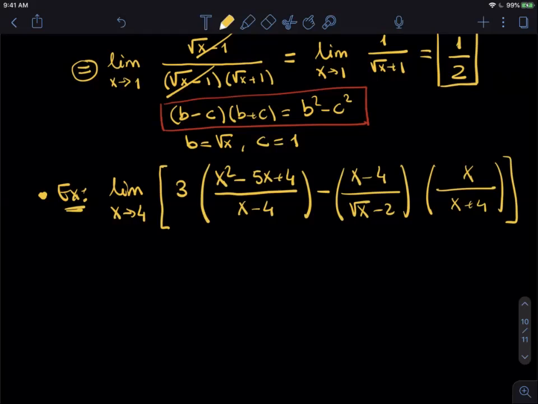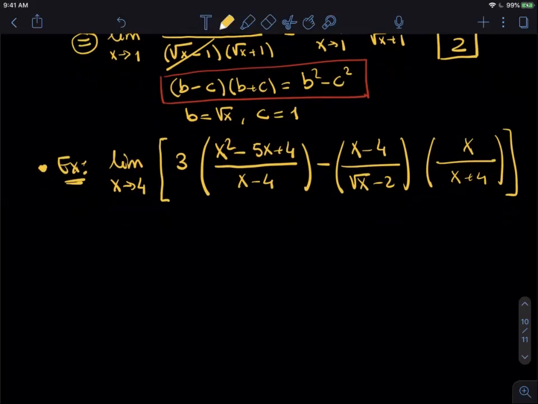Okay, I'm using square brackets, but they could be round brackets. It's just because it looks nice. Okay, there is no strong reason to do that.